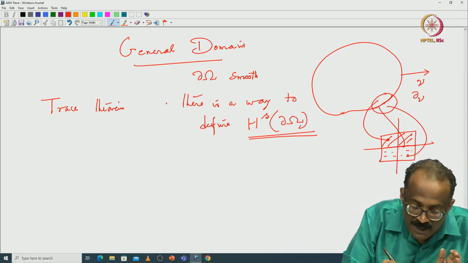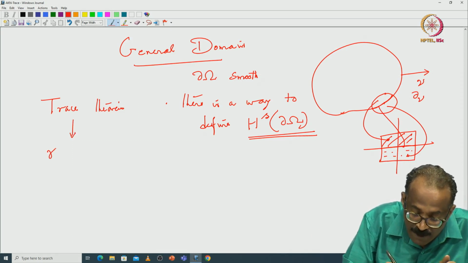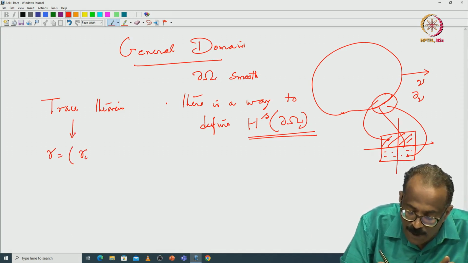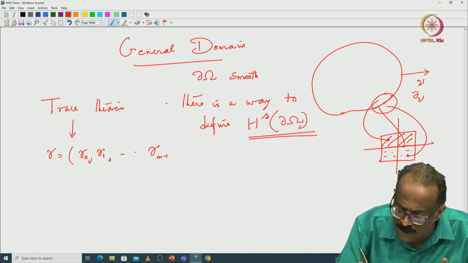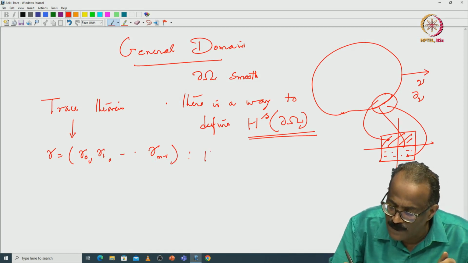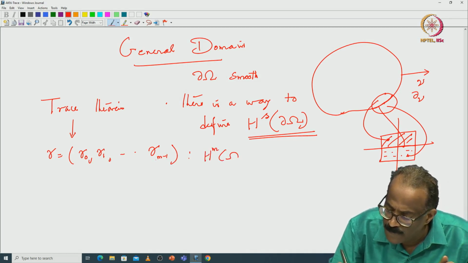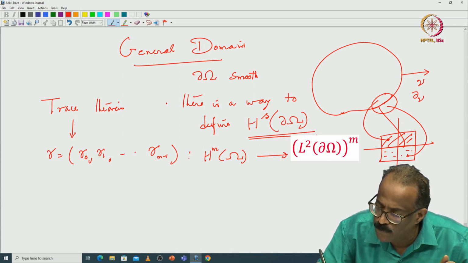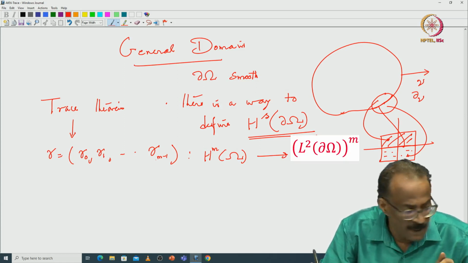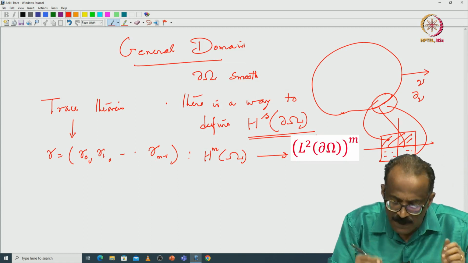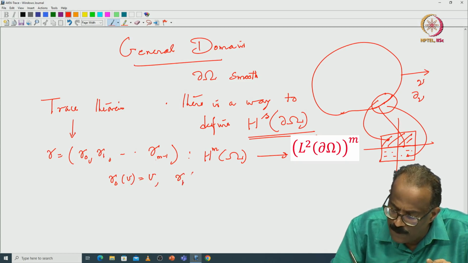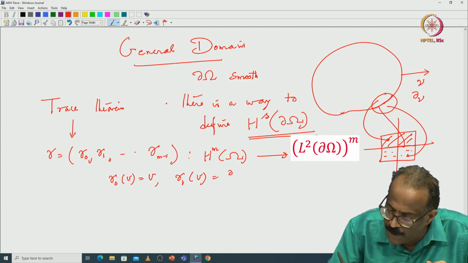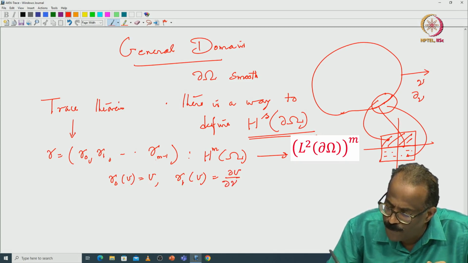What the trace theorem tells you is that you have trace maps γ0, γ1, and so on up to γ(m-1) from Hm of Ω to L2 of ∂Ω. If V is smooth, then γ0 of V is equal to V, γ1 of V is equal to ∂V/∂ν, and so on.